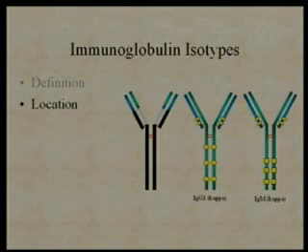Now, you'll notice that in this particular diagram, this part here, of course, corresponds to CH1, right? This is the first domain of the constant region. You notice I put it in gray. And the reason for that is, theoretically, there are isotypic determinants in this portion of the molecule as well.